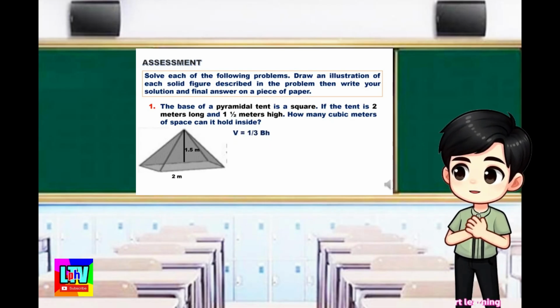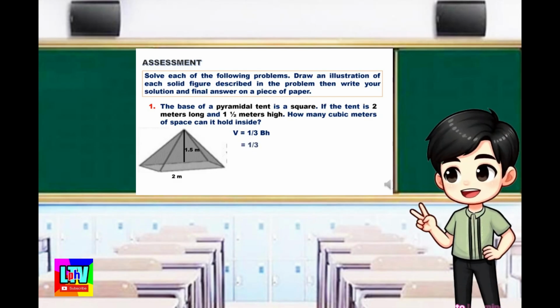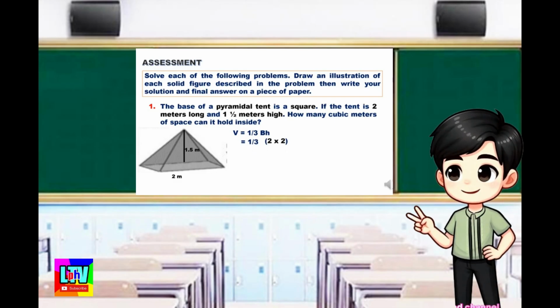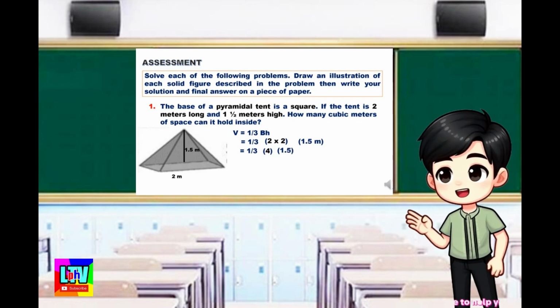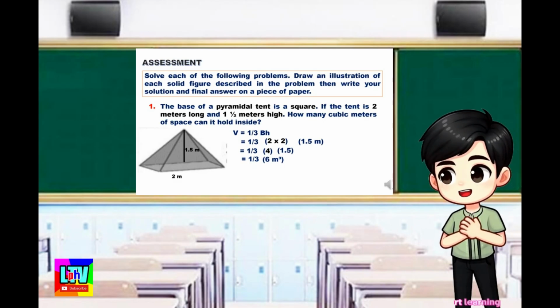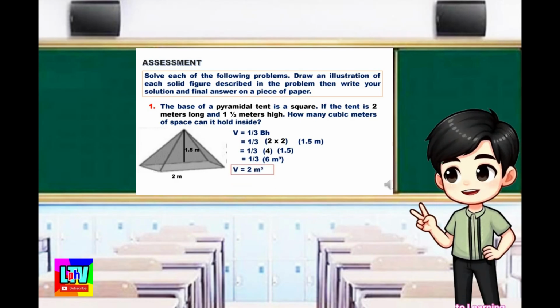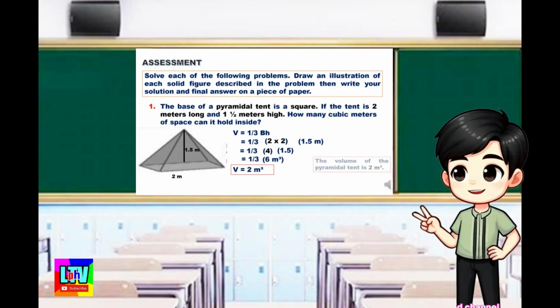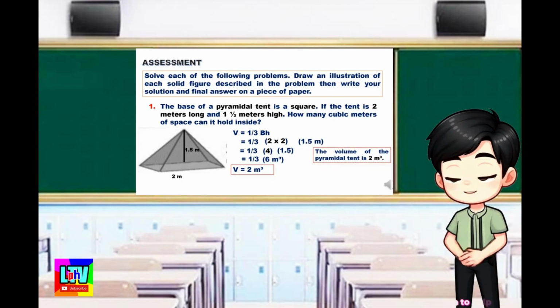Using this formula, 1/3 area of base times height. The base is 2 times 2 and the height is 1.5. 2 times 2 equals 4 times 1.5 equals 6 cubic meters. Then, what is 1/3 of 6 cubic meters? So 2. The volume of the pyramidal tent is 2 cubic meters.